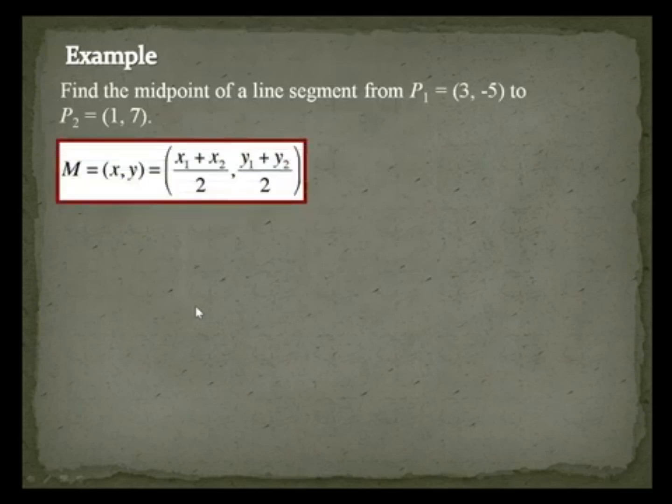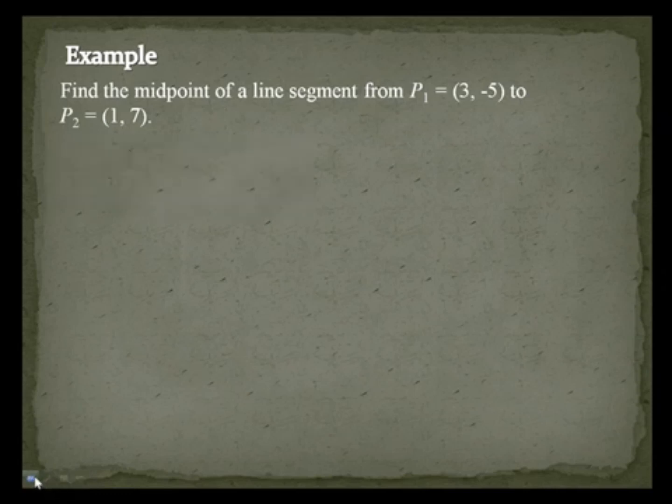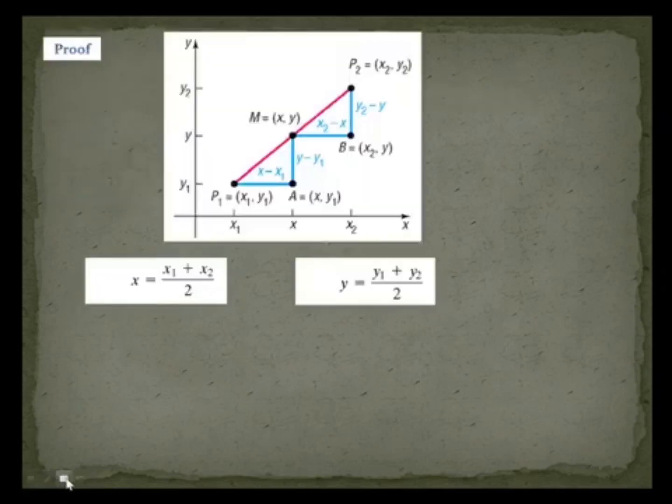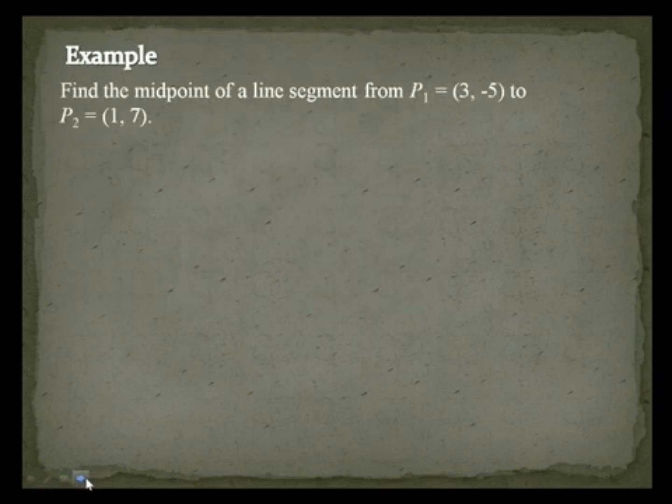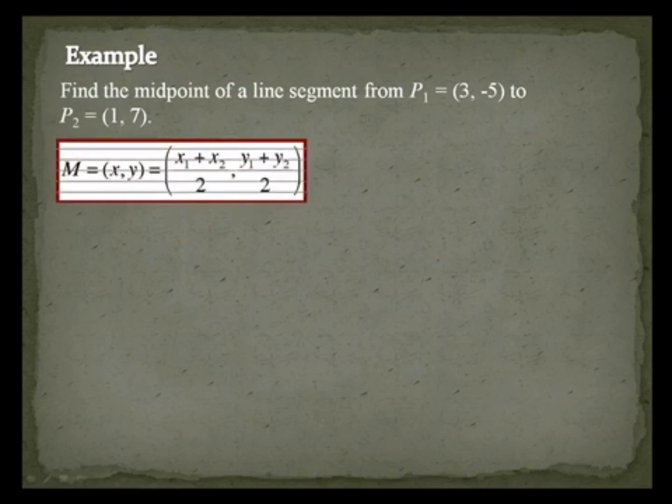So let's look at our first example. Find the midpoint of a line segment from P1 to P2. First, we're going to write down our formula, and now we're going to find it. So M, which means the midpoint.